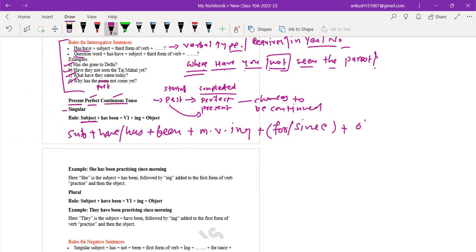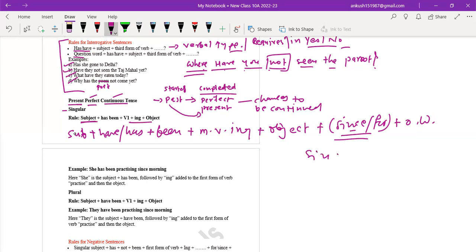Or you may use the object before and after that, since or for, plus other words. Now here in this structure it is not written since and for. So let us first understand their usage.